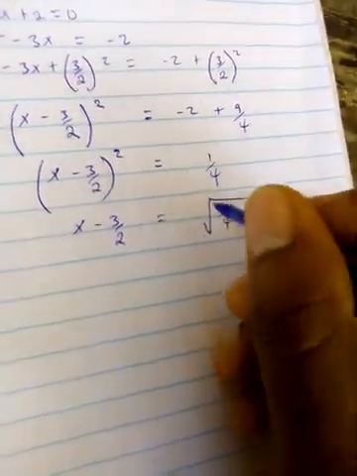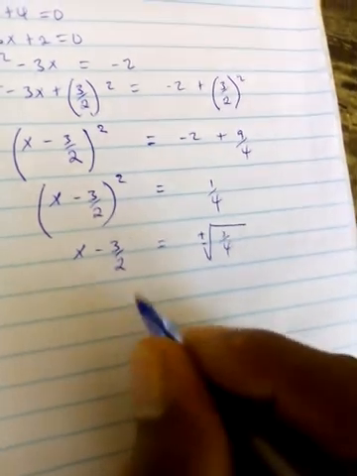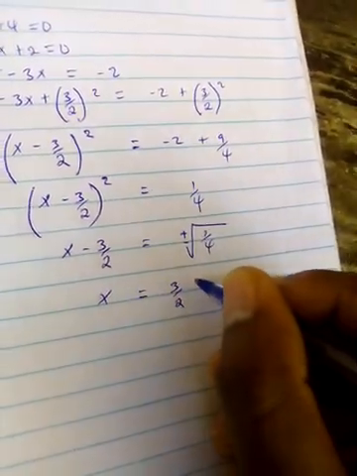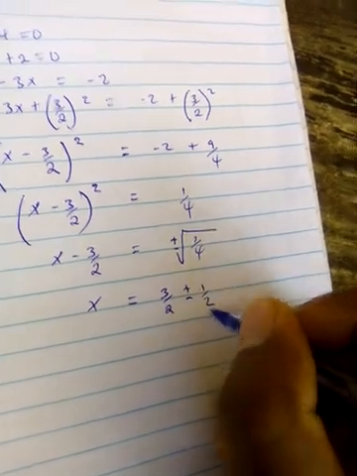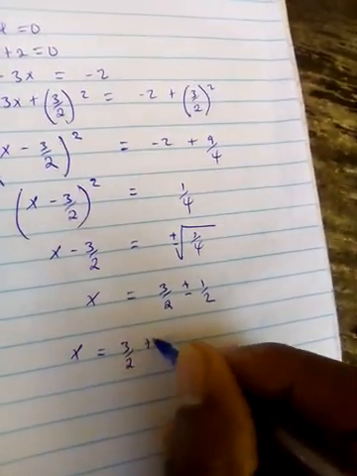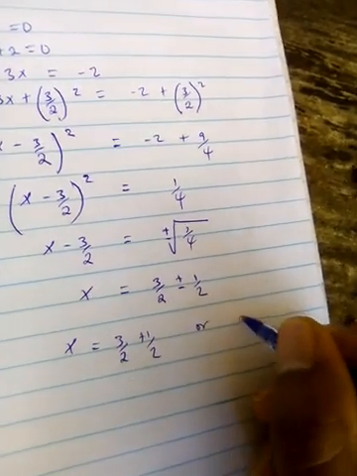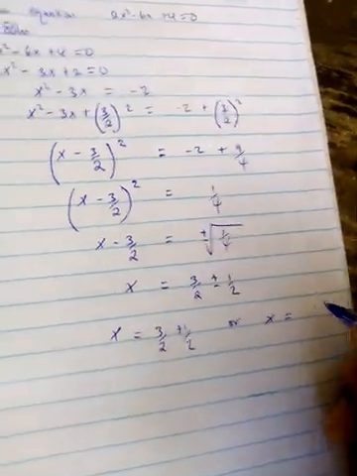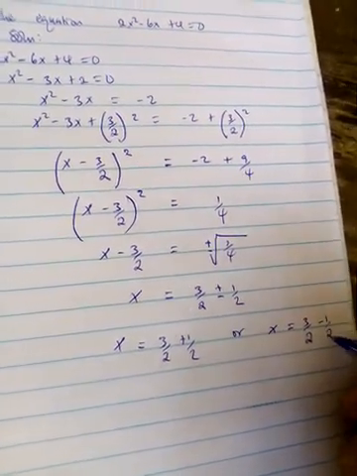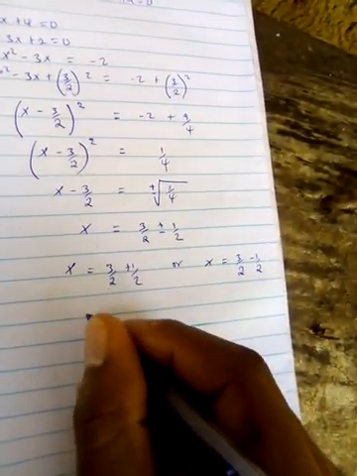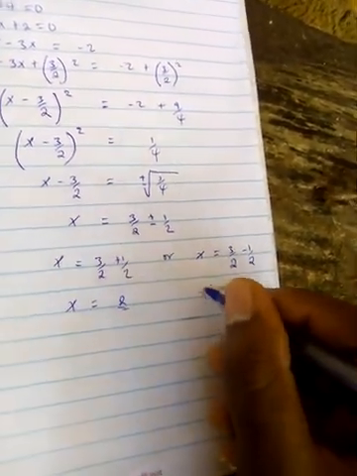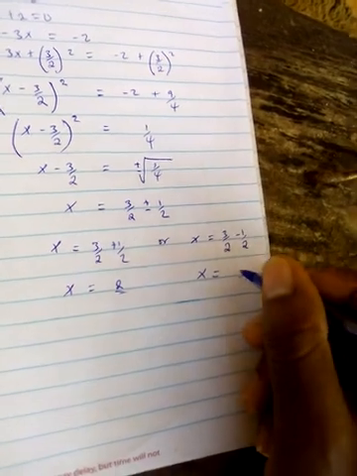But the square root of a real number is positive or minus, so x equals 3 out of 2 plus or minus a half. So x is either 3 out of 2 plus a half, or 3 out of 2 minus a half. So x is equal to 4 out of 2, which is 2, or x is equal to 1.